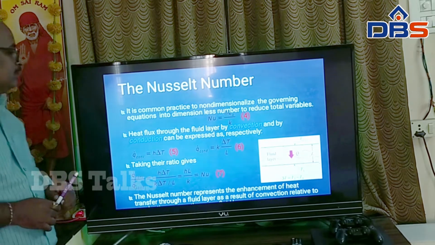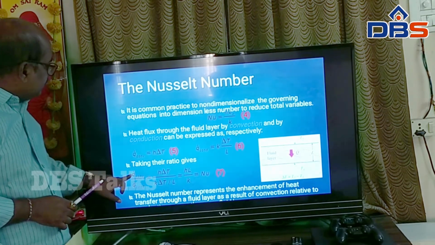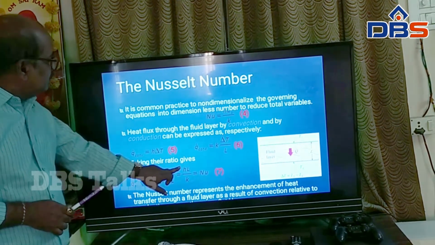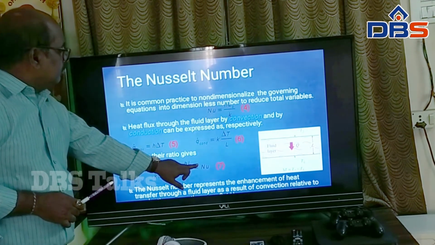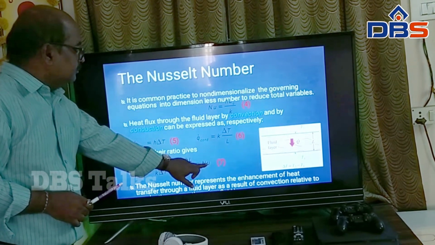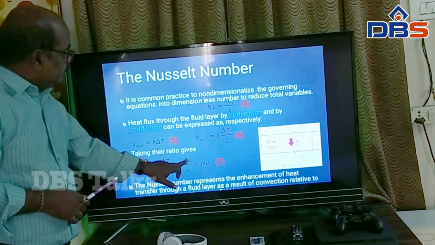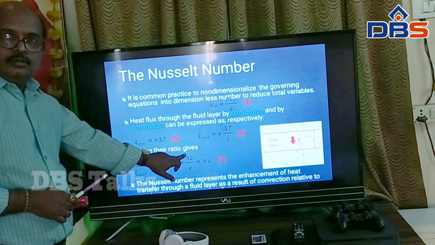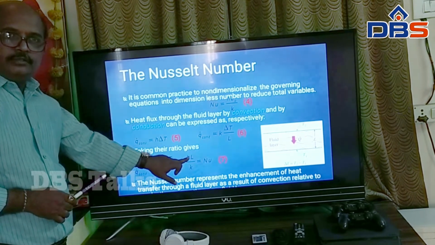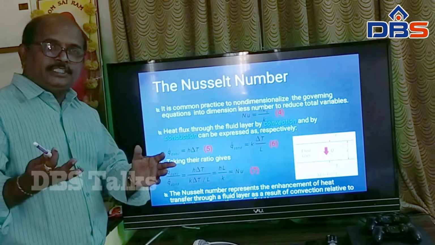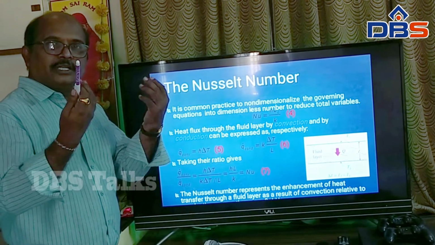Once you know the Nusselt number, you can easily find the heat transfer coefficient. If you are able to find the heat transfer coefficient, you can find the amount of convective heat transfer.